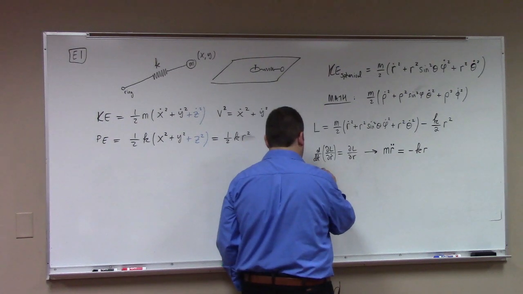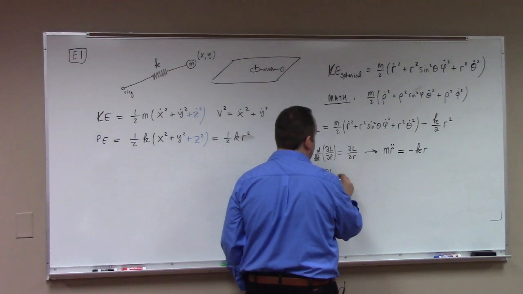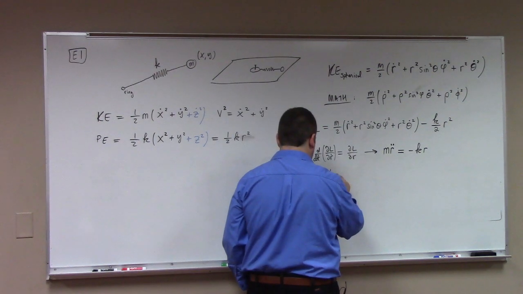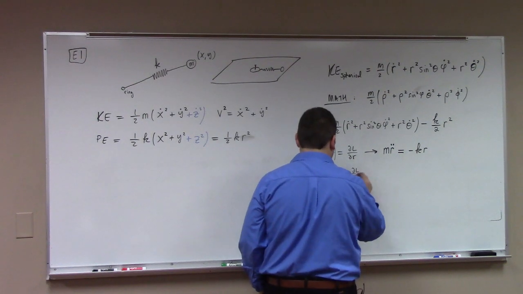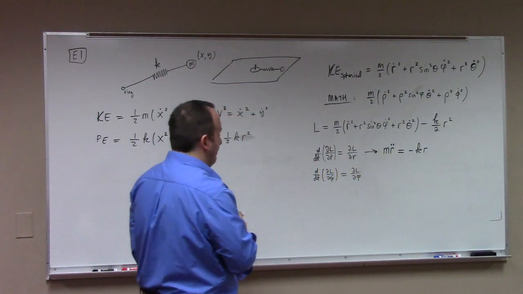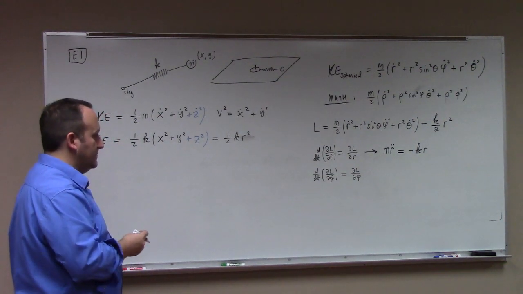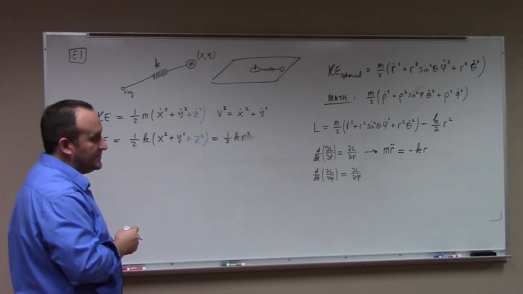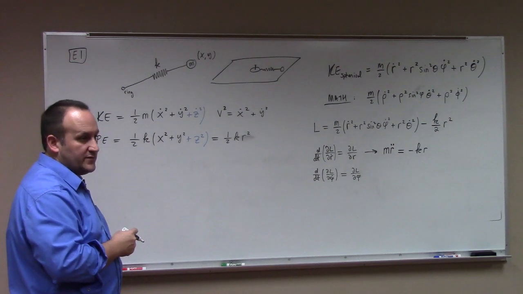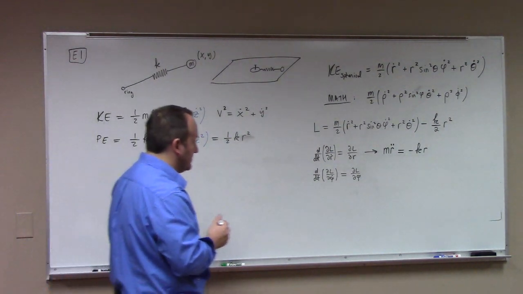Like so, d dt of partial L, partial phi dot, let's do the phi dot first, okay? Is equal to partial L, partial phi. Now, is there any kind of phi dependence to the Lagrangian? I've got a phi dot dependence, but I don't see a phi dependence, right? So partial L, partial phi is 0. What's partial L, partial phi dot equal to?